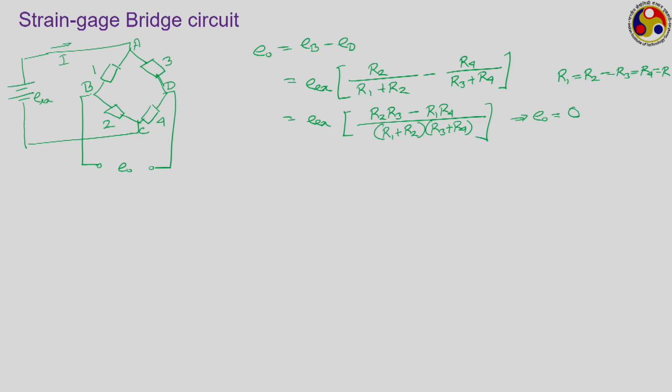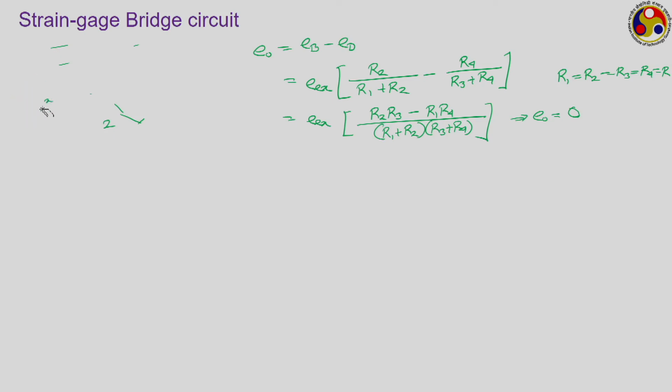Now, instead of connecting one of these resistances to a strain gauge, we connect two of them to two different strain gauges, but those two strain gauges are used in different ways. I am erasing this so that I can draw the situation.